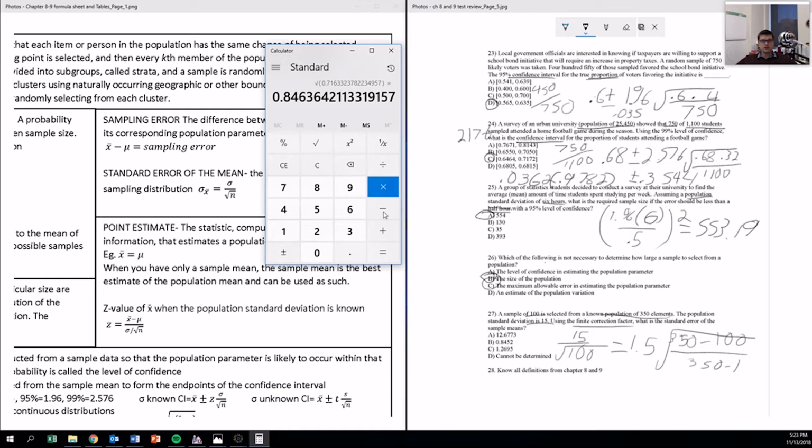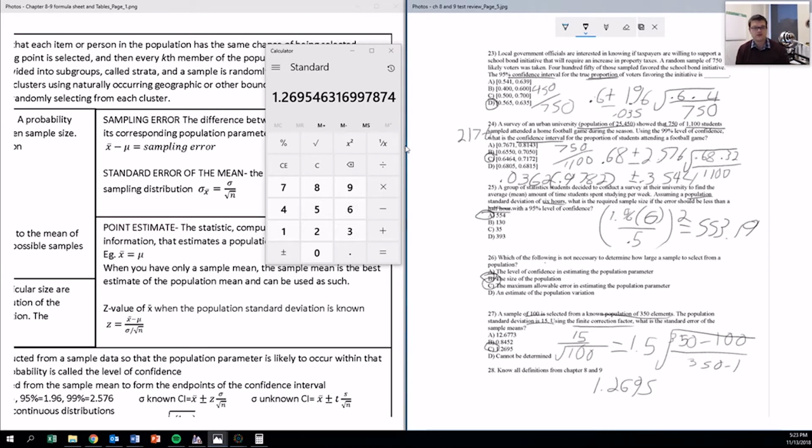So 1.2695. So in short, this is what I want you guys to take away from this. The first thing that you need to do is figure out what question you are answering. Are you looking for the confidence interval? Are you looking for the standard error? Are you looking for the margin of error? Are you looking for the z-value?